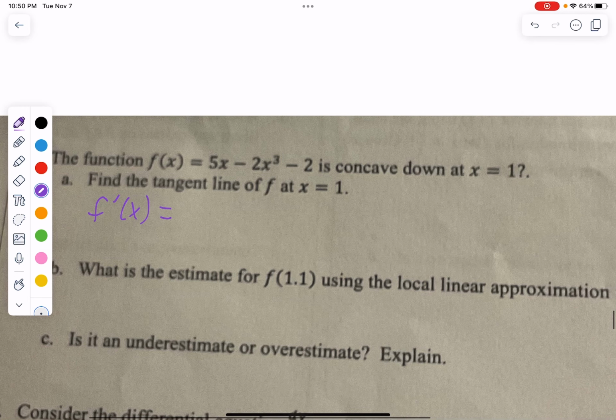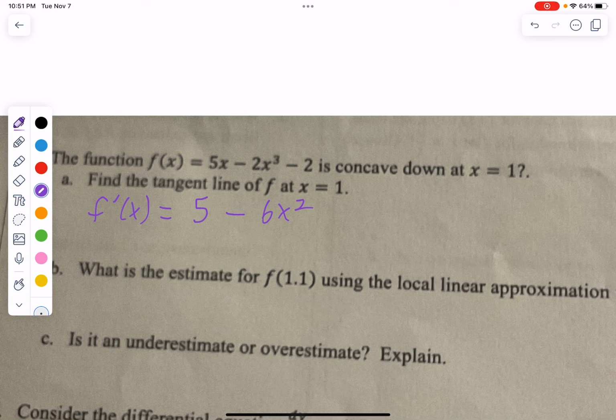So f prime of x is equal to 5 minus 6x squared. All right, that gives you f prime of x.